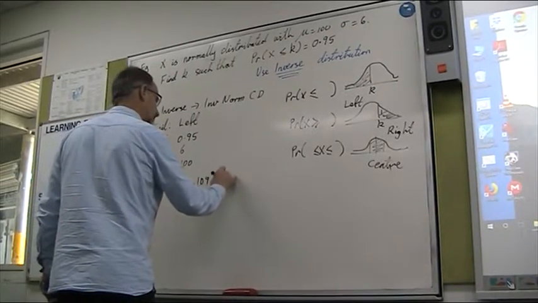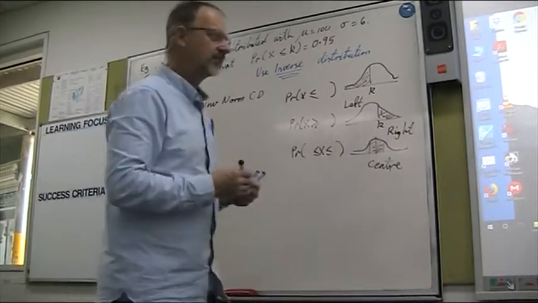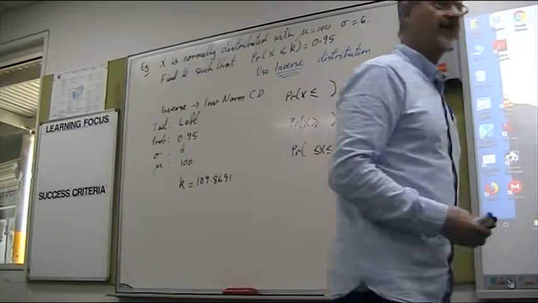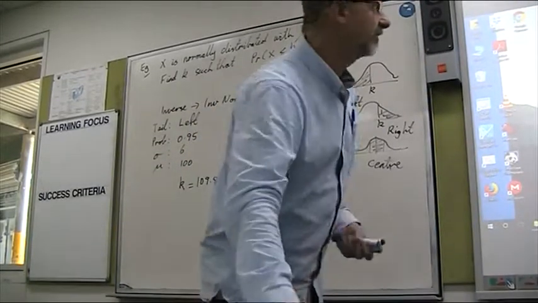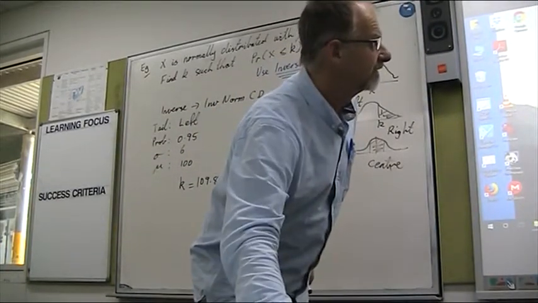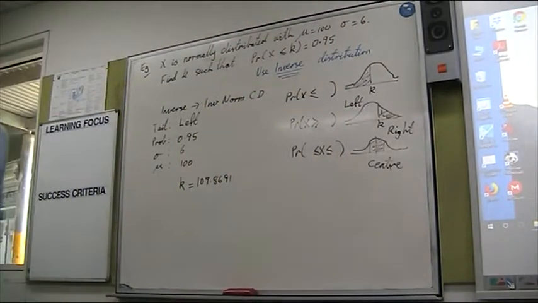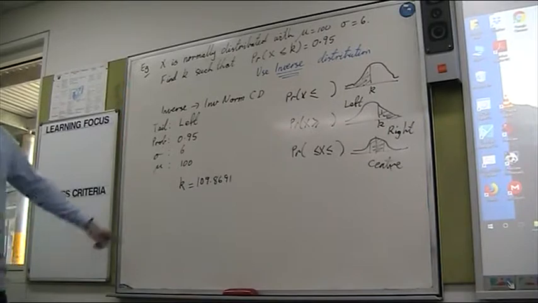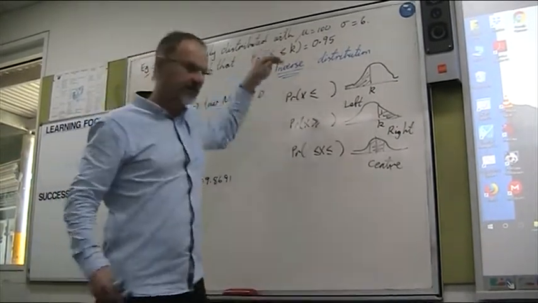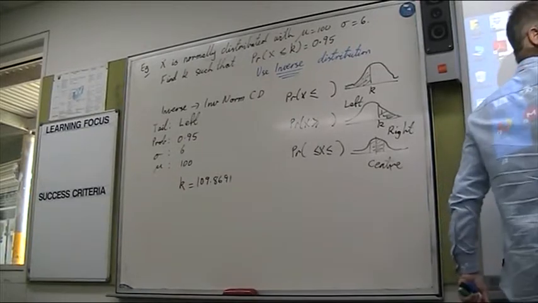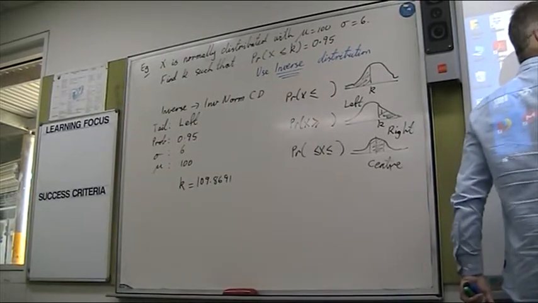I got 88.34. Really? What was that tail saying? Left. Oh, left. Alright, I didn't realise. So if I graph that, there we go. Got the right answer. There's the graph. Because we're after less than, we want less than k. So we're looking at this tail down here, the one that's to the left.